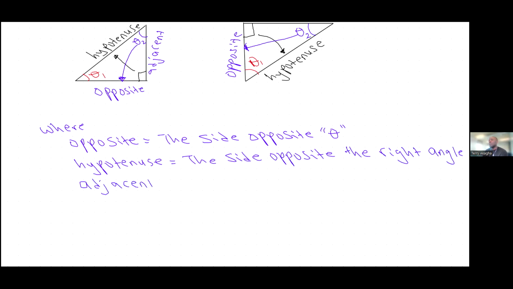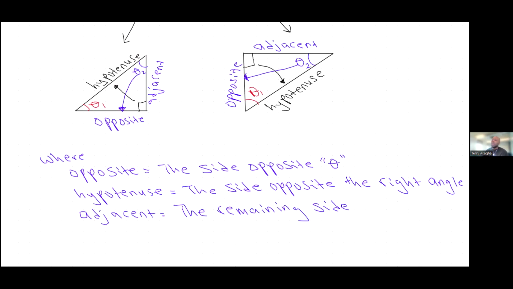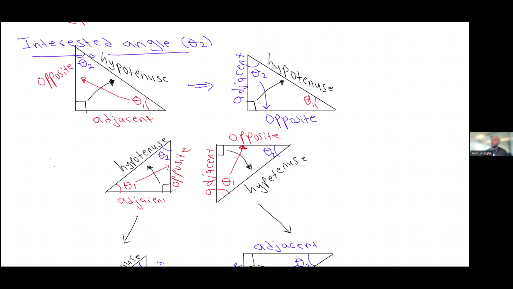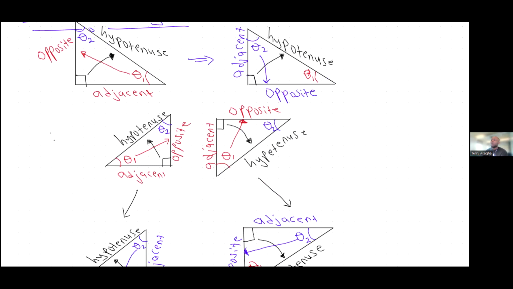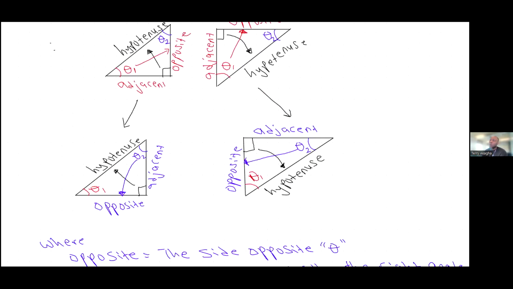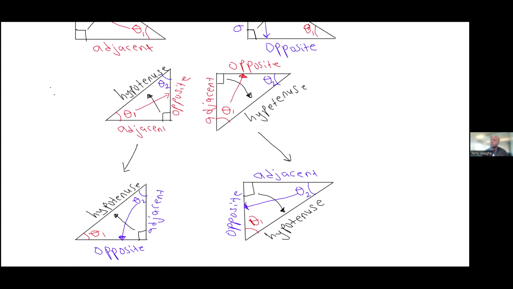The remaining side. So depending on the angle you're looking at, whether it's theta 1 or theta 2, will determine which is the opposite. So like you can see, when we're looking at theta 1, the opposite is the adjacent when we're looking at theta 2. So it's very important to have that in mind while solving.